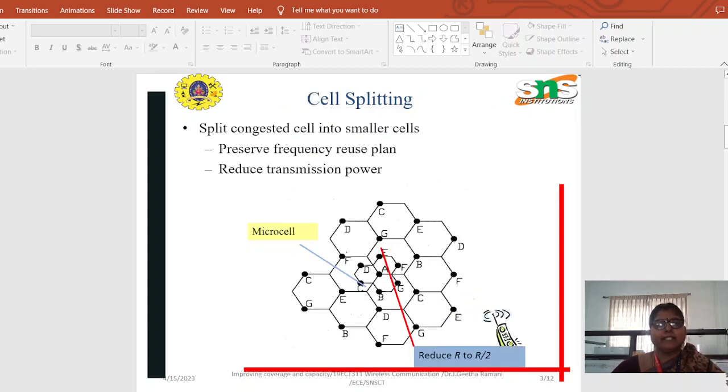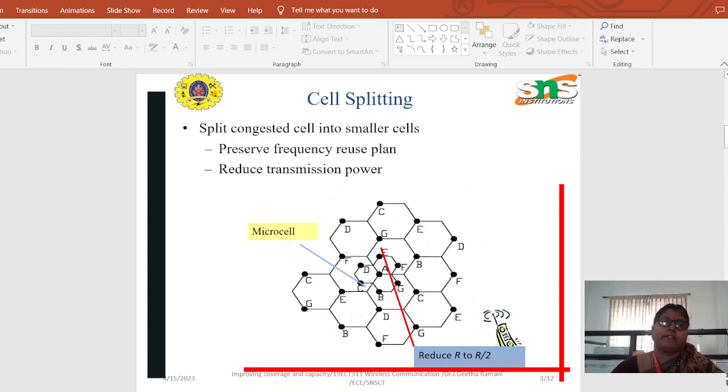First, consider cell splitting. As the name implies, here we just split the cells into smaller cells. That is, congested cells are split into smaller cells. At this point, we have to remember two main factors.